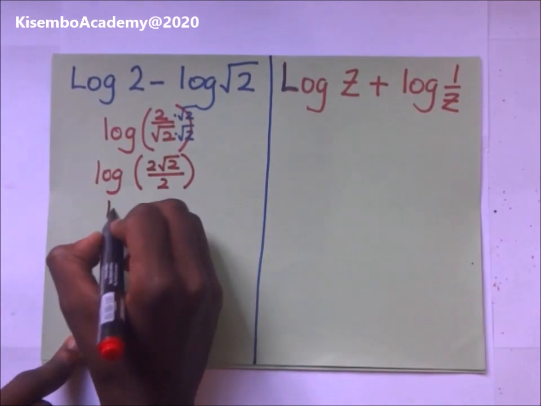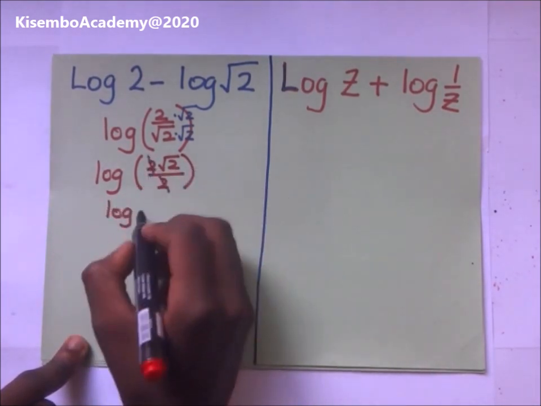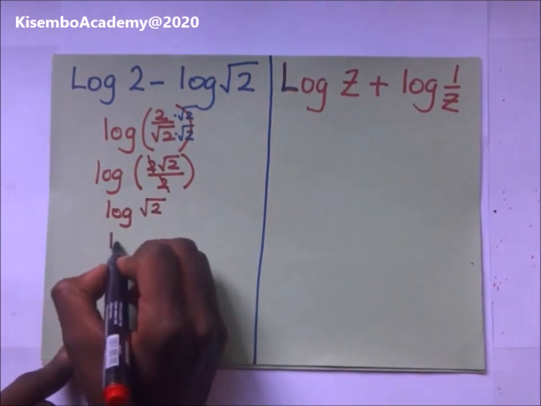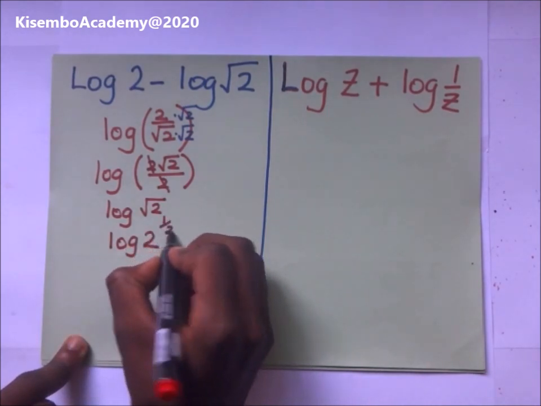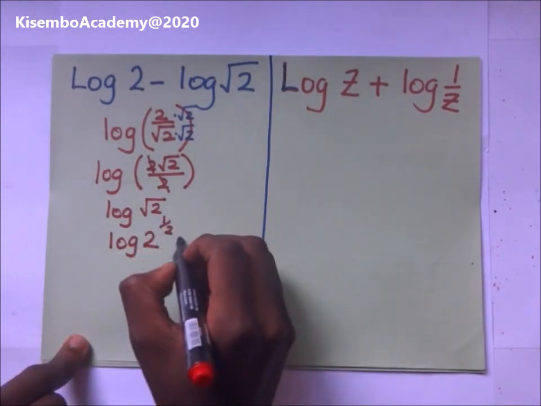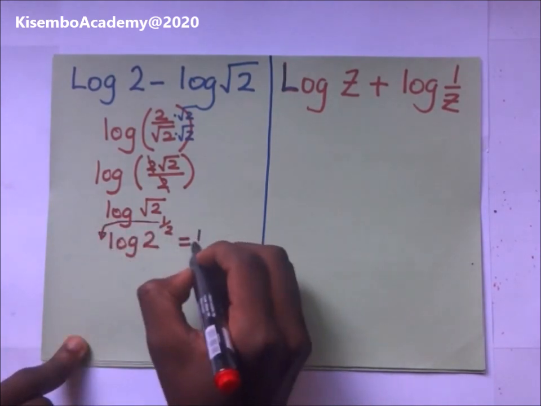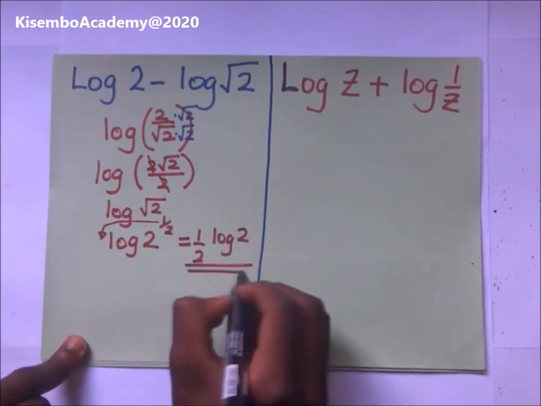So we shall remain with log of root 2. These 2 and that 2 cancel, remaining the log of root 2, which is the same as the logarithm of 2 to the power a half. And the logarithm of 2 to the power half, when this a half comes right there, is the same as a half log of 2. And that's the answer.